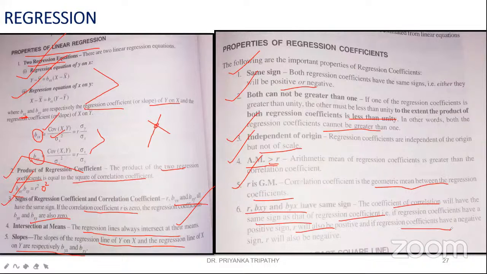If the regression coefficients are negative, then r will also be negative. So all three, r, byx and bxy, have the same sign. Between bxy and byx, one can be greater than 1, but the other will definitely be less than 1. It is independent of origin but not of scale. And the arithmetic mean of the regression coefficients is greater than the correlation coefficient.